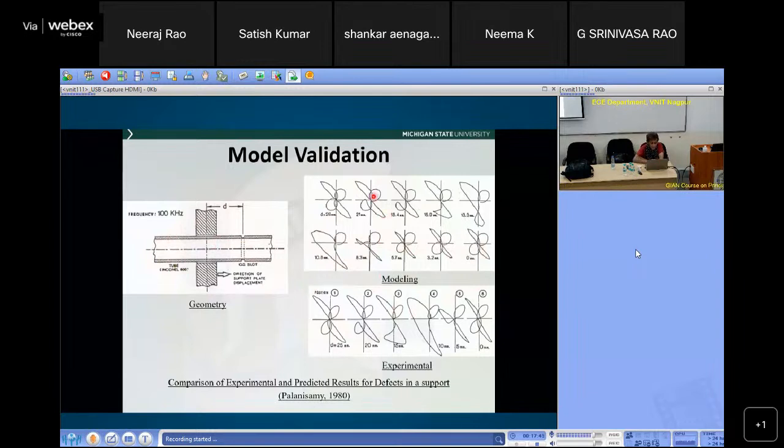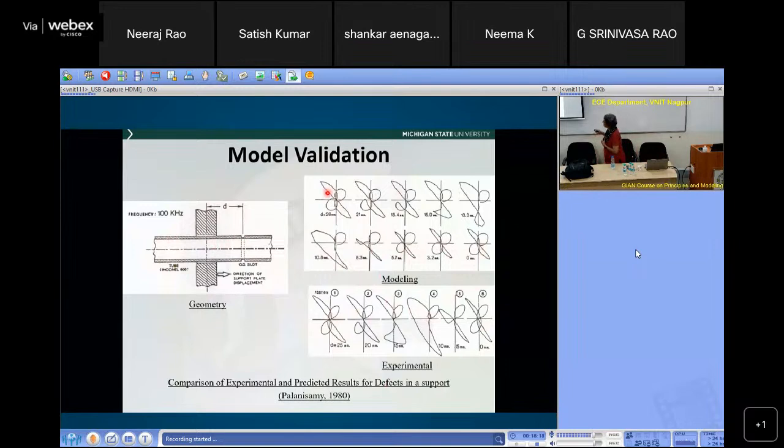So these are model-based, where in a controlled manner I can change D. And these are the actual experimental signals.